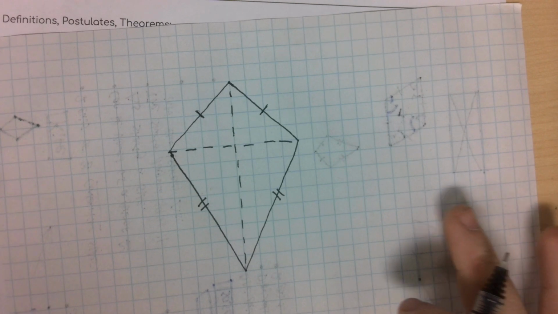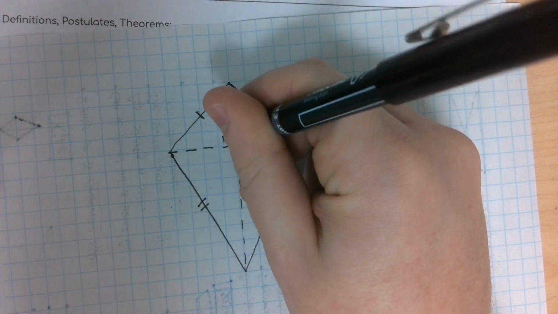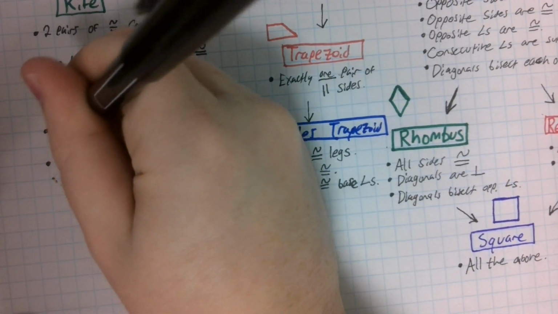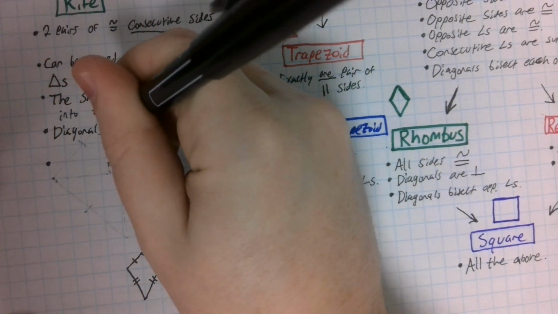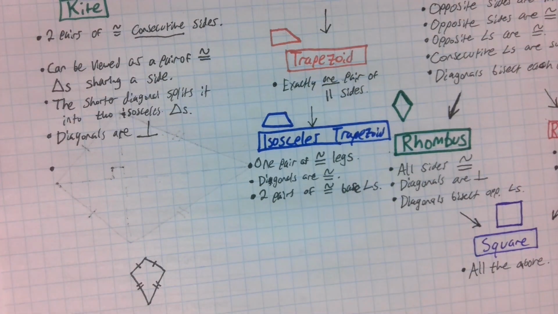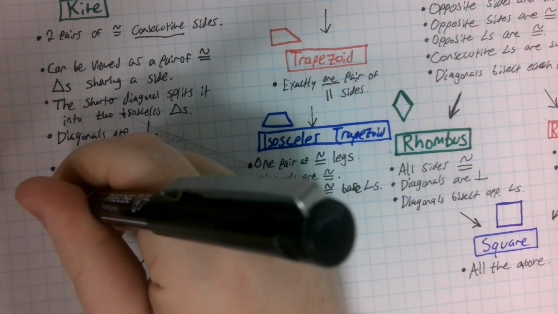What else? What we see here is that these two diagonals also make right angles, so they are perpendicular. We can say that the diagonals are perpendicular. And last but most certainly not least, well, actually we have two more properties, I apologize.